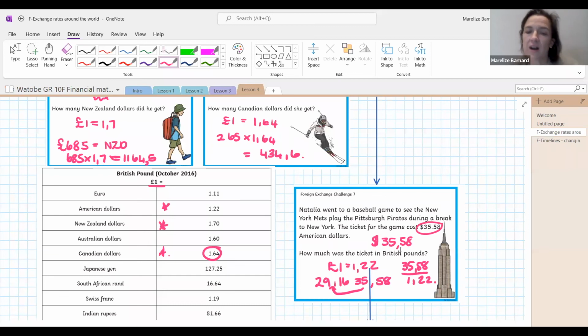Then you have to divide, because you're going from a less strong currency to a stronger currency, because 1 pound gets you $1,22. So if you have the dollars to work back to the pounds, you have to divide.